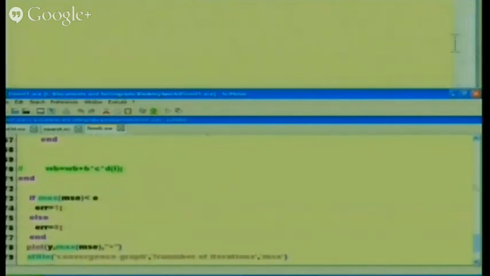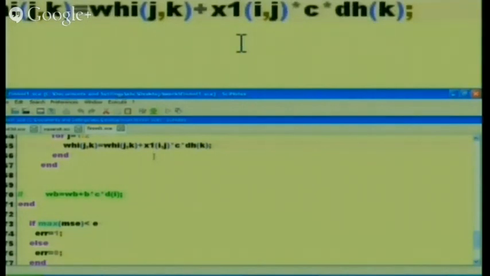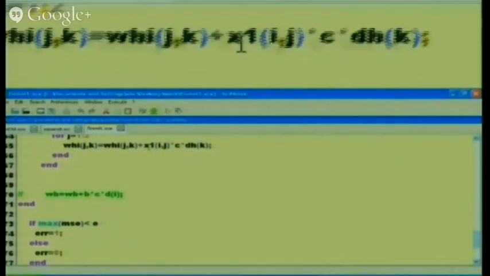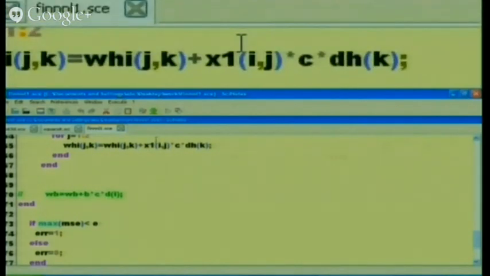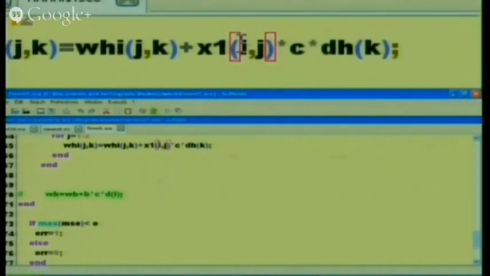Similarly, x1 and x2 will be there, because as i and j change, this will change, since we have put it in matrix form. So when i is 2, it automatically goes to the second input, right?